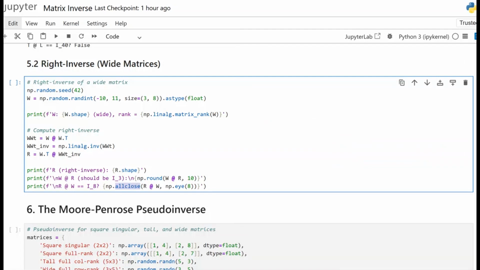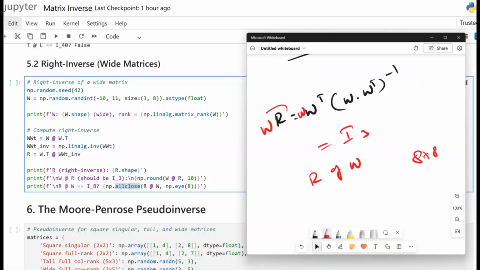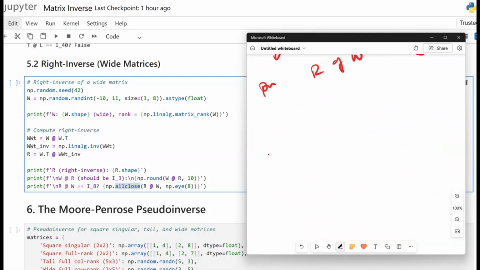And here, what is this RW? Of course, WR or RW, whichever. So this is the exact projection. And what is the projection matrix? Okay, let me end with the projection matrix.